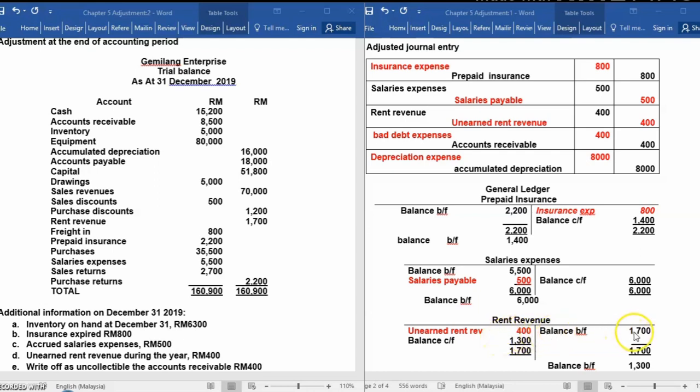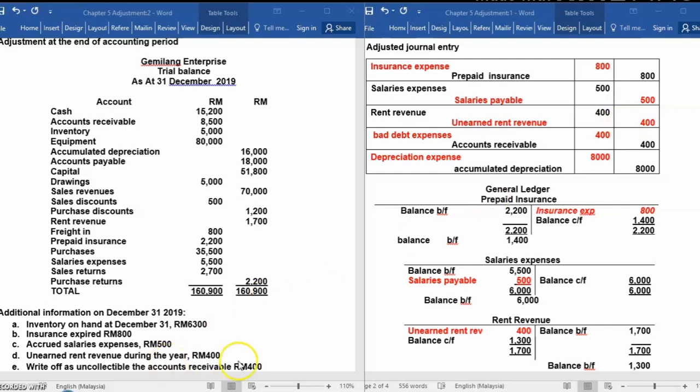The balance of 1,700 will reduce the amount of rent revenue because unearned rent revenue was incurred in that period. So the current rent revenue for the accounting period is only 1,300, and the adjusted journal entry is debit rent revenue 400 and credit unearned rent revenue.